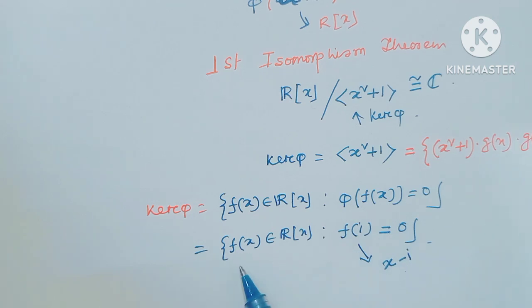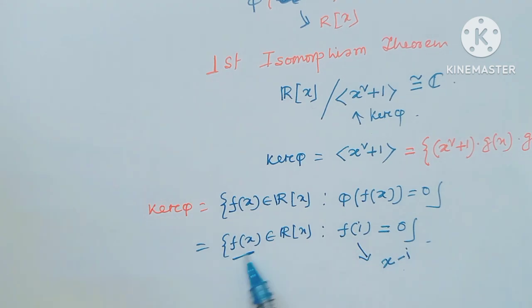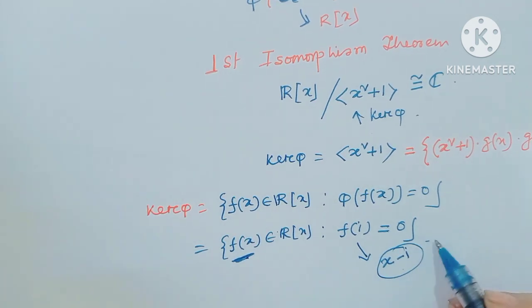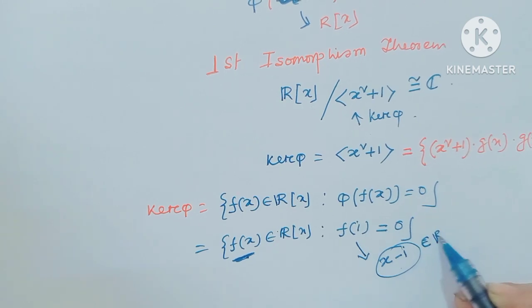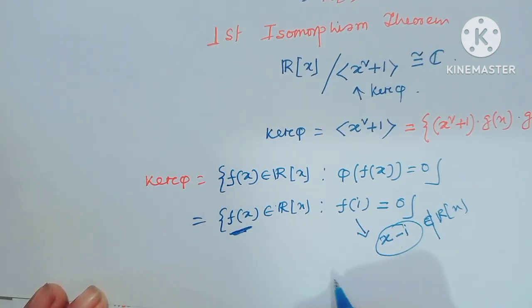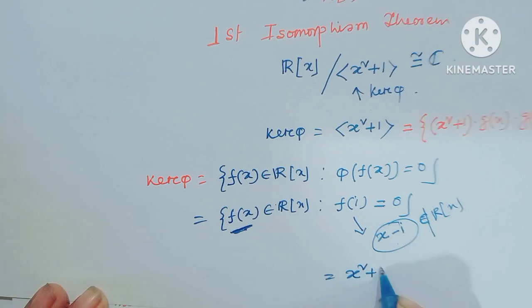But here notice we have to choose those functions which belong to R[x] such that f(i) equal to 0. This does not belong to R[x]. So in R[x], the root being i is such a type of function.